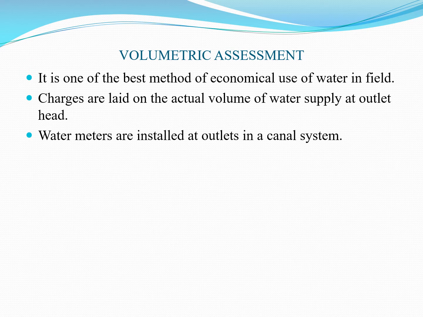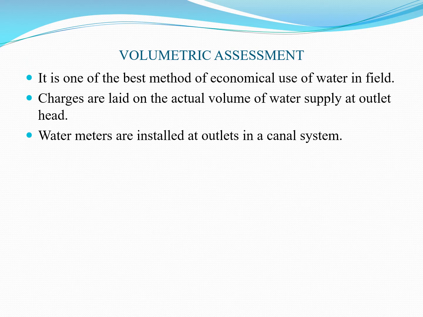But there are some disadvantages in this method. The irrigator at the tail end receives less water as compared to the first one, but he has to pay the same charges. This is one main disadvantage of the volumetric assessment method.